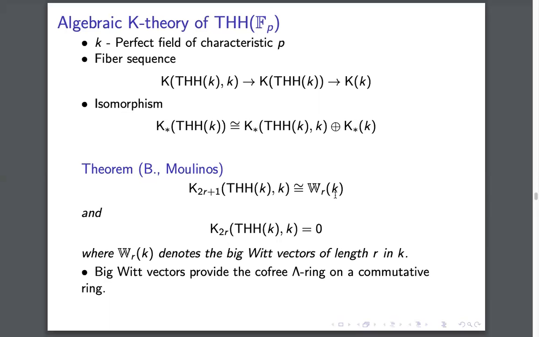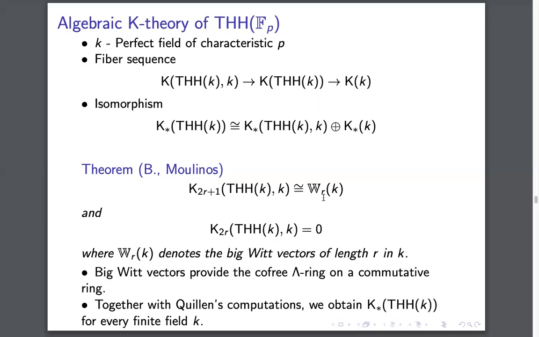That gives us no philosophical idea why we get these nice groups at the end with this very compact and simple definition. But it would be very interesting to know why one does get this simple answer. Our computations give us no philosophical answer. That would be really good to know. Again, as I was saying before, in the case of finite fields, this together with Coulomb gives us the algebraic K-theory of THH of finite fields.